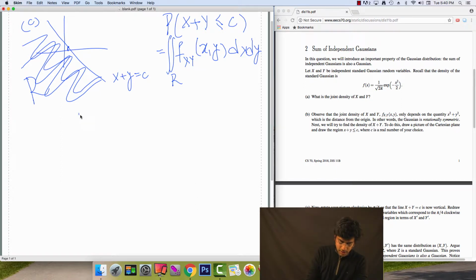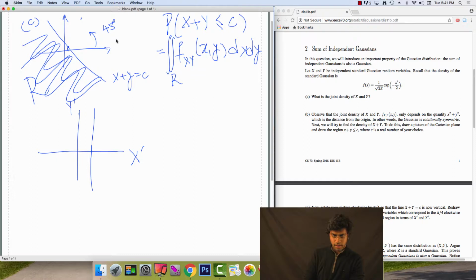So now if I rotate it by 45 degrees, I get a line like this. Let's call this x prime and y prime. Remember, all I did was I took these two axes and I rotated them this way by 45 degrees. Once I do this, I notice that this distance will now be c over root 2.